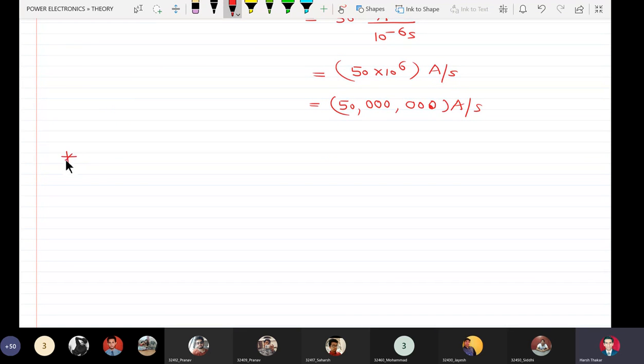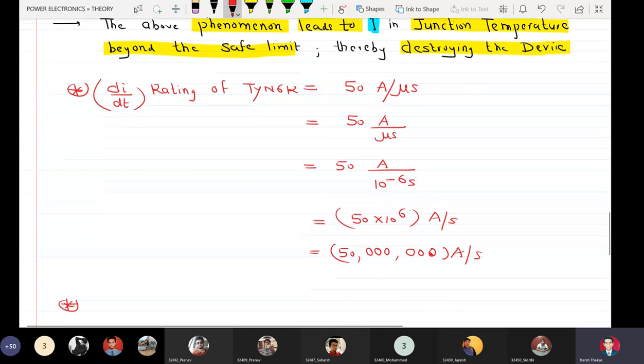So this is the basic SCR. TYN 612 is called a basic SCR. So even the weakest SCR has a di by dt rating of 50 ampere per microsecond. This is the most basic SCR.